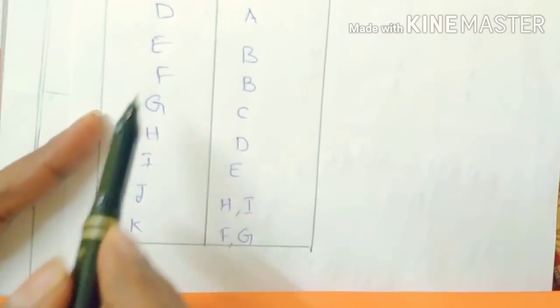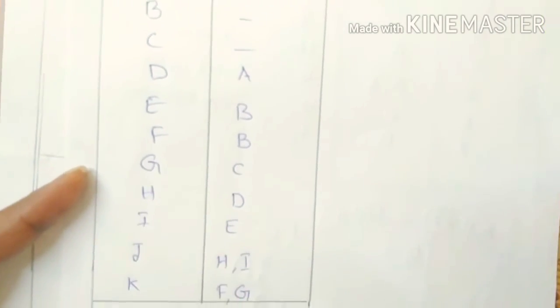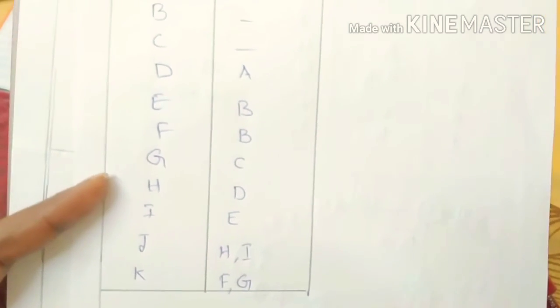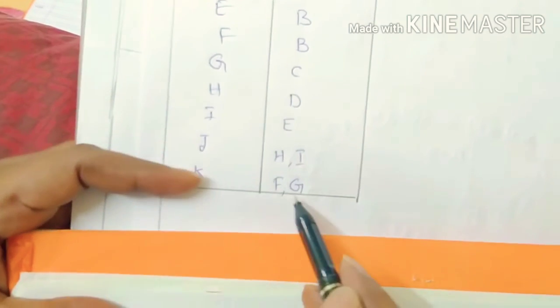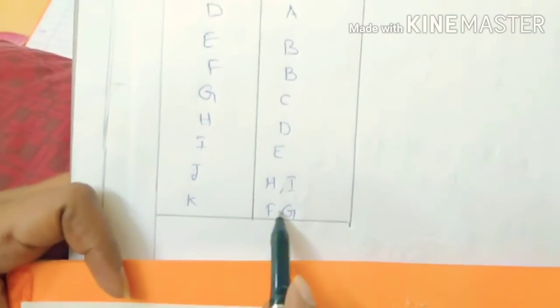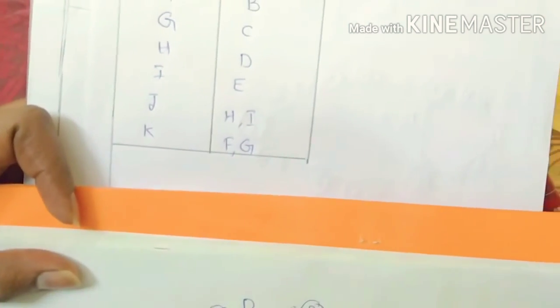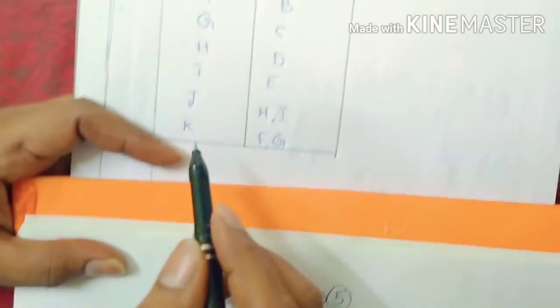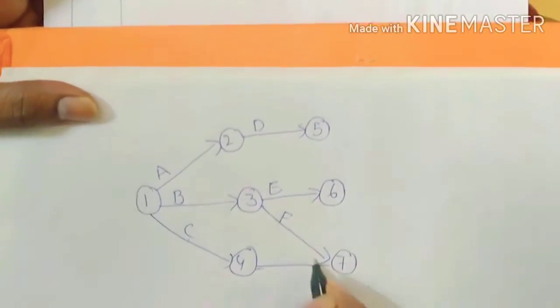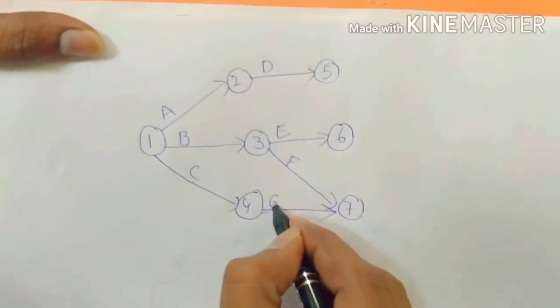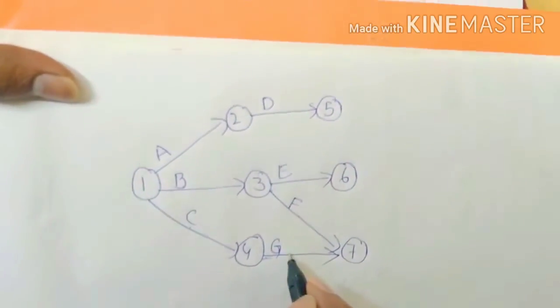I already told you, whenever the F activity is going on, we should take care of further aspects. That means both F and G should be there to construct K. For that purpose, here we are merging these two things, and name it as activity G.